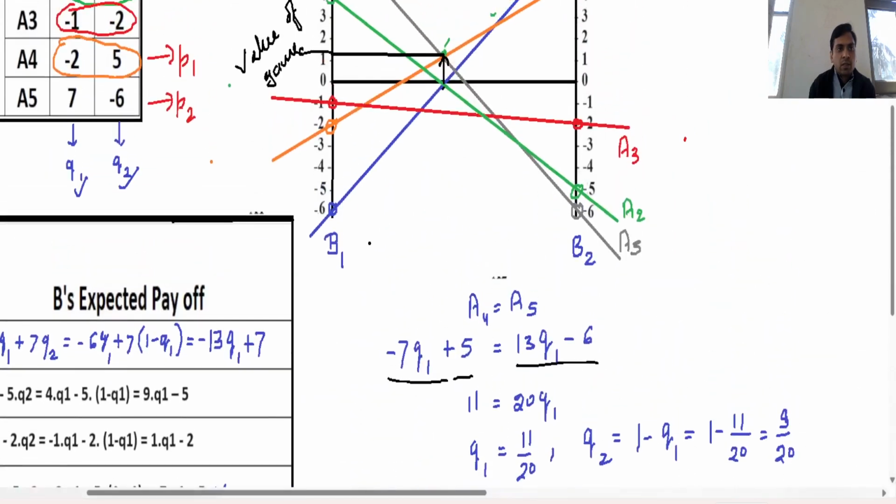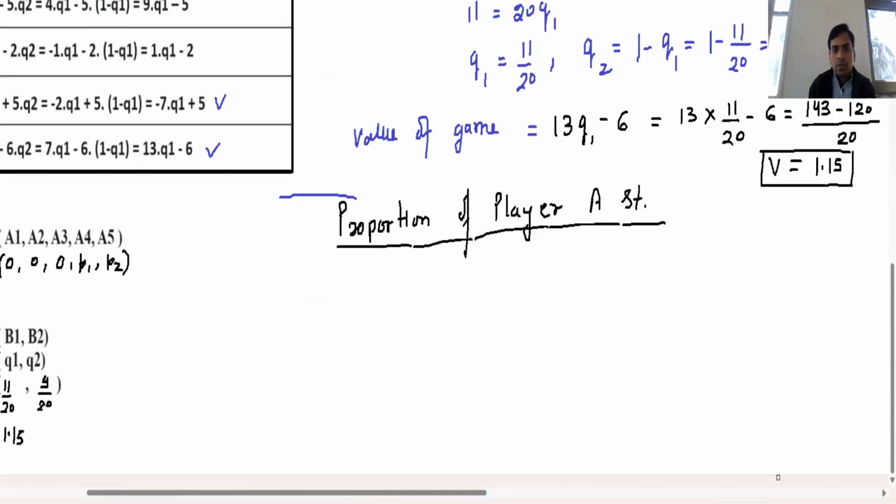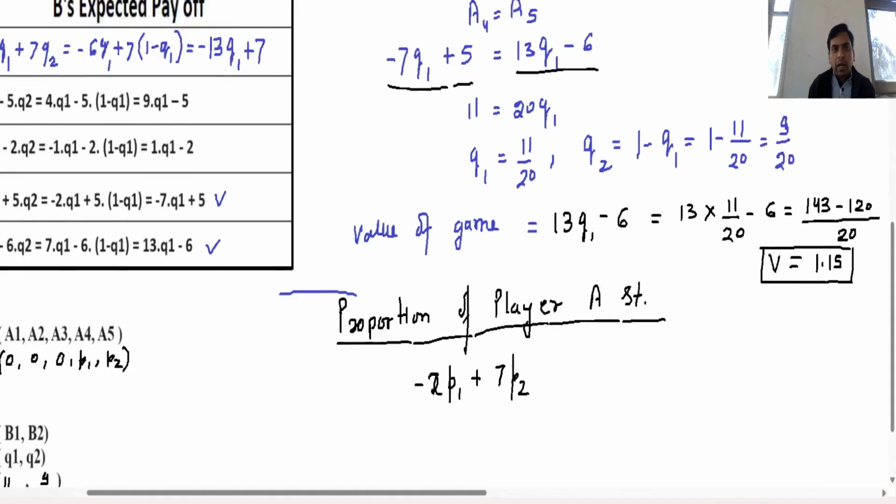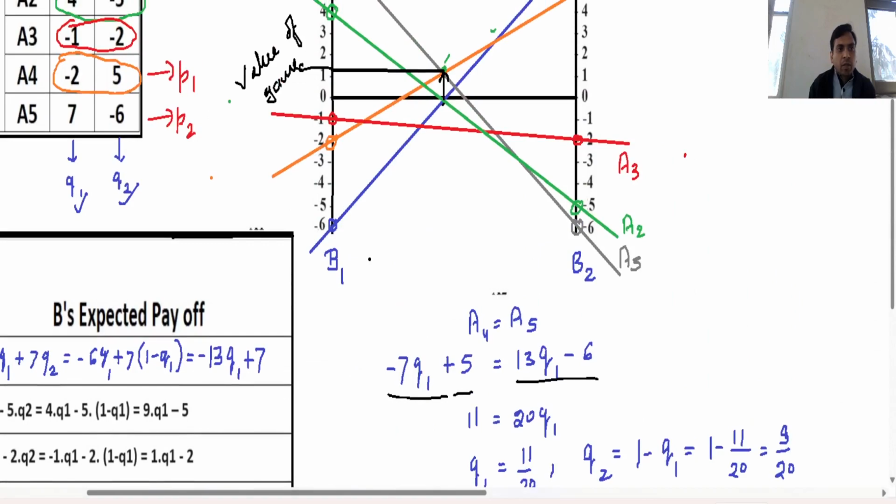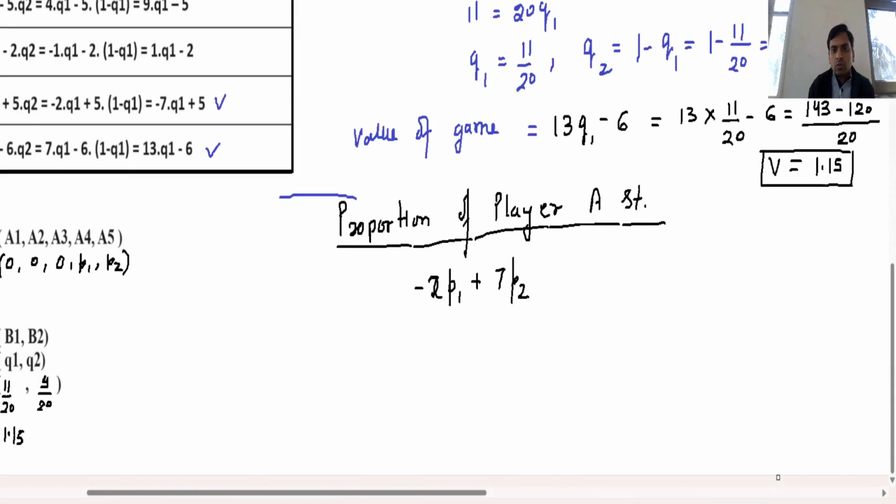So first is -2 P1 plus 7 P2, and from A5 it is 5 P1 and -6 P2, with P2 replaced by 1 minus P1.